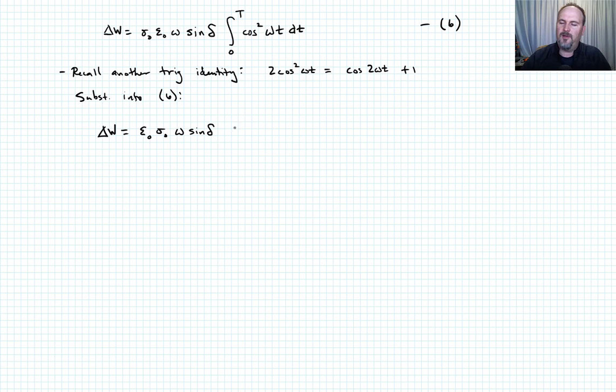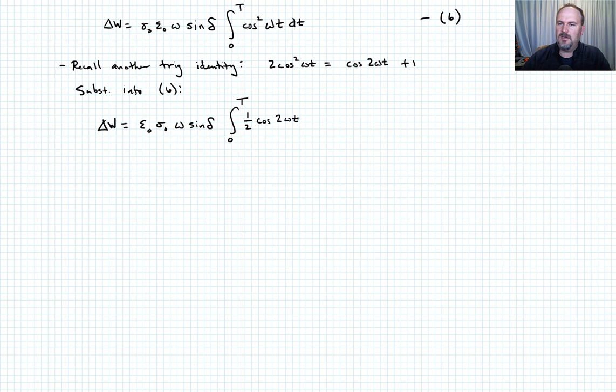Now we have this quantity here that is the integral from 0 to t of, let's see, looks like we have a 1/2 here, times the cosine 2 omega t, right, plus 1/2. Okay, dt.